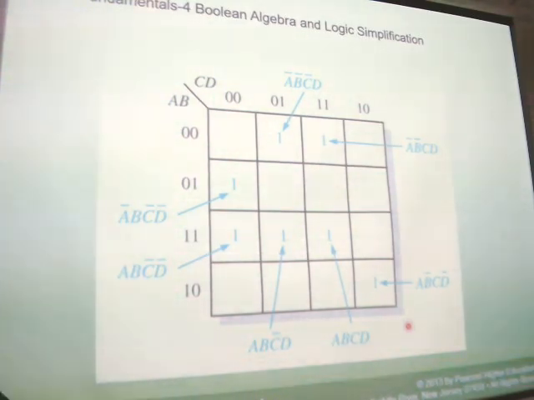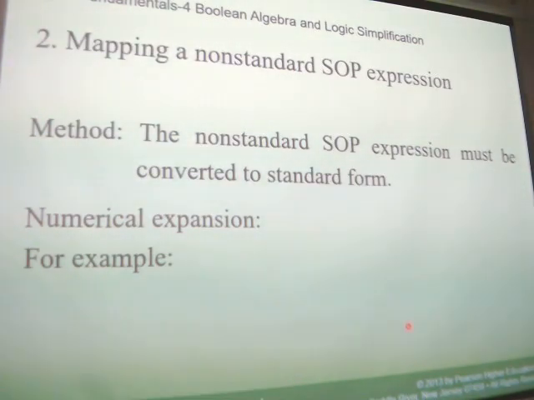We just learned the standard SOP expression and how to use a Karnaugh map to represent it. If the expression is not a standard SOP expression, then the method is different. We must convert the non-standard SOP expression to standard form.